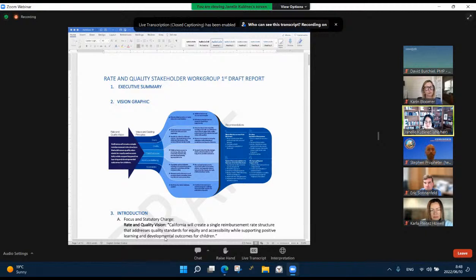And so as we move into subsequent meetings, you'll start to see more things either fleshed out or changes made based on your feedback. So this draft is focused on how do we capture your ideas within the context of what's required from the legislation and the statutory focus that we are working towards.